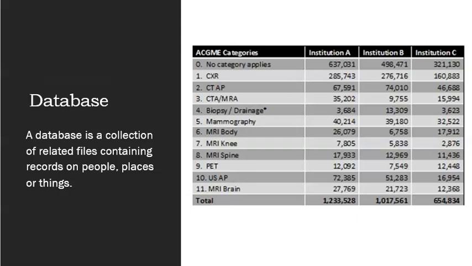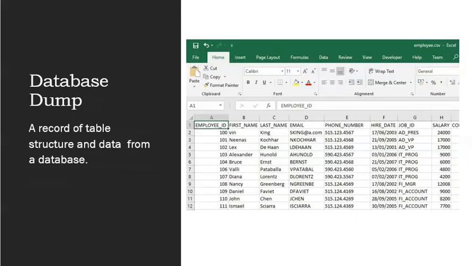For example, if you're working with a turnaround time report, you may need information from the voice recognition system database. If you're working on a report for contrast usage in MRI, you may need information from the medical administration record or MAR database. My point is, when we talk about searching a database, do not automatically assume that means you're going to go to the database server in PACS and search there.